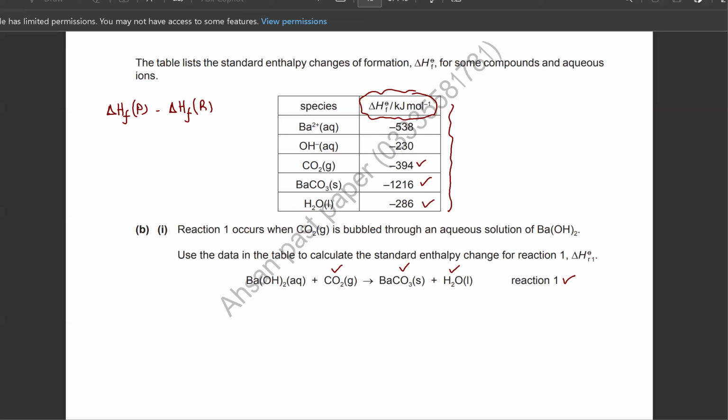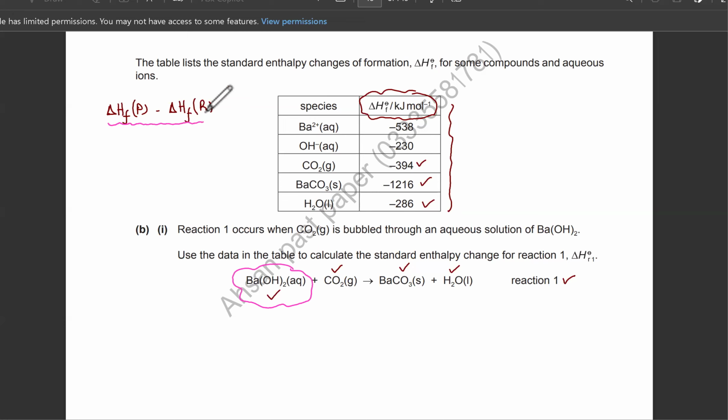But they've not given me the enthalpy of formation of barium hydroxide. That is not given in the table above. If I know this, then I can use the formula and figure out the enthalpy change.